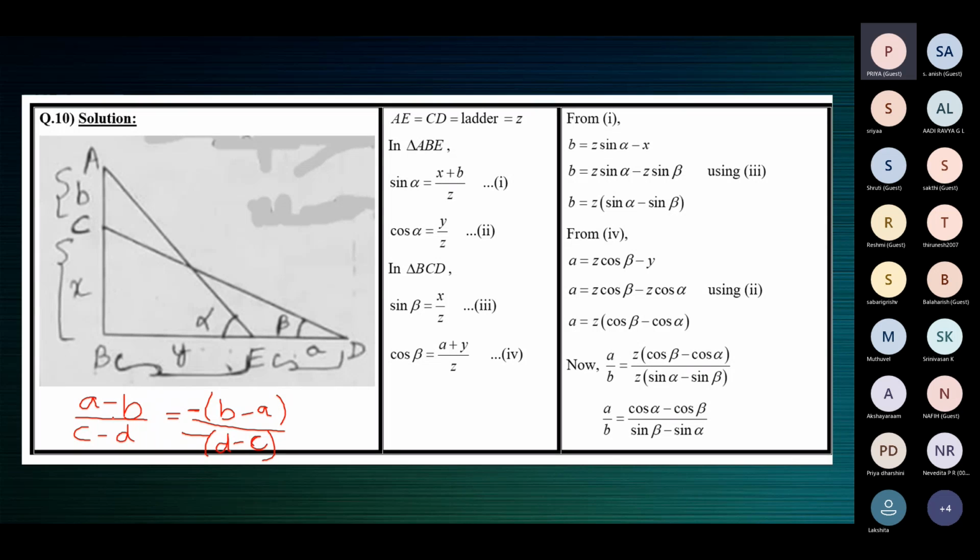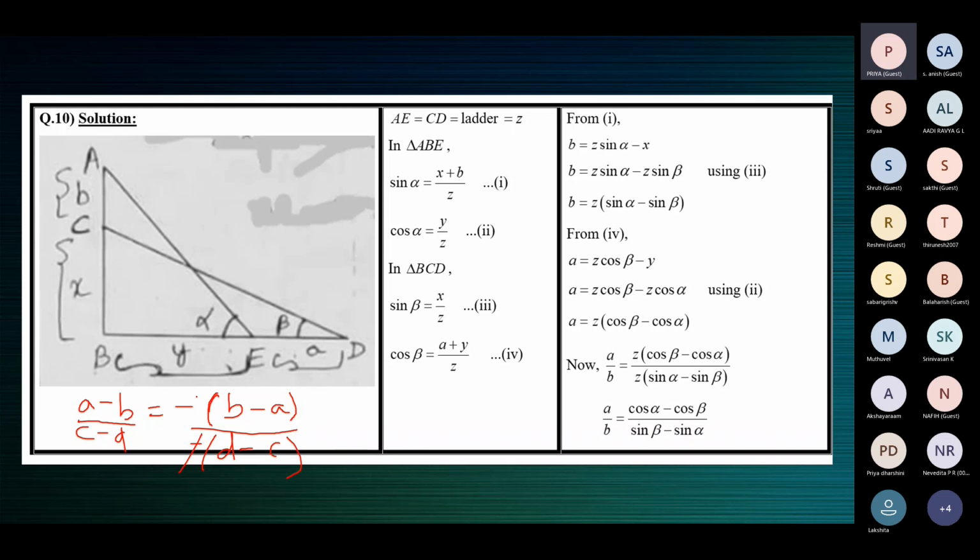A minus B is the same as minus of B minus A, because when you multiply minus into plus B you get minus B, and when you multiply minus into minus A, you get plus A. Denominator, minus into D, minus D. Minus into minus C is plus C. So you can write A minus B as minus of B minus A, and you can write C minus D as minus of D minus C. So what happens?